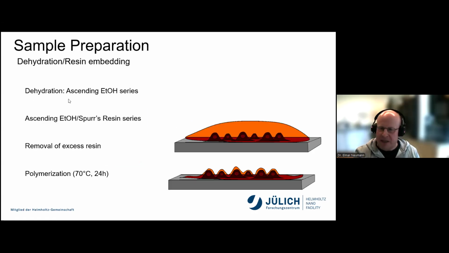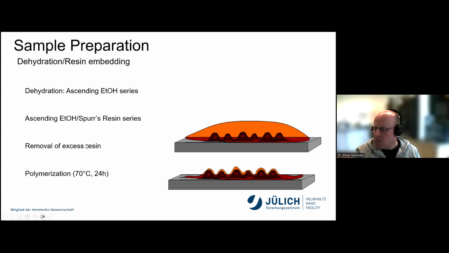After the staining is done, we dehydrate the samples by using the ascending ethanol series. After this, we use a resin mixture, again diluted in ethanol, and again in an ascending series from only a few percent up to 100% of this resin.